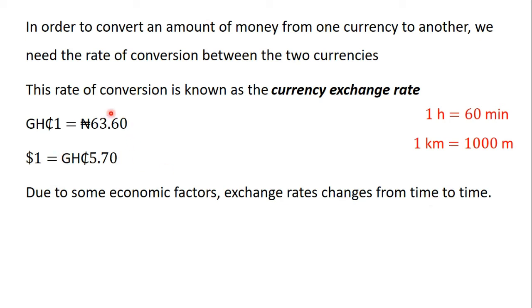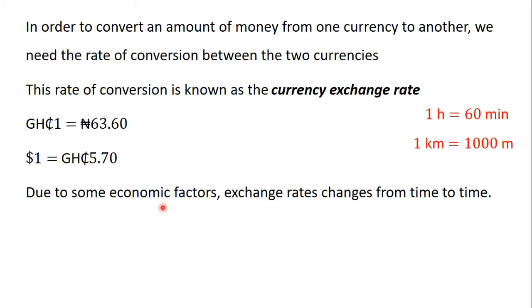So for example, these exchange rates that we see here are not constant. 1 Ghana cedi is not always 63.60 naira. $1 is not always 5.70 Ghana cedis. It keeps on changing from time to time due to some economic factors.